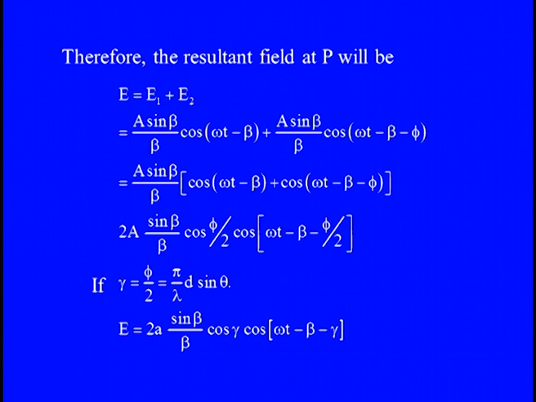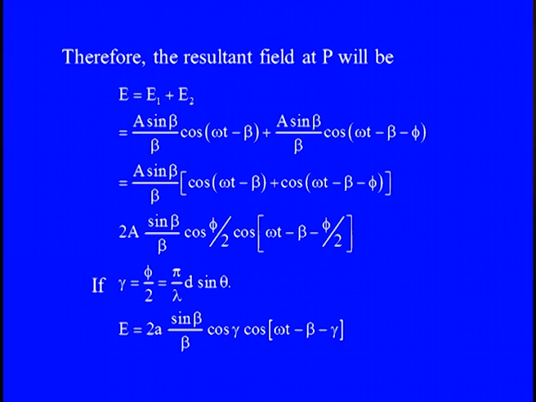Therefore, the resultant field at P will be equal to E1 plus E2. Substituting the values of E1 and E2, we get the resultant field at the point P: E = 2A sin β/β cos(φ/2) cos(ωt − β − φ/2).